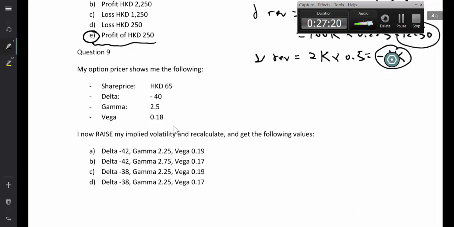You might have a book, but it doesn't really matter. You manage these Greeks. That's the whole point of option trading. You have a book, and then you manage all these Greeks in totality. And anyone wants to have a go at this?